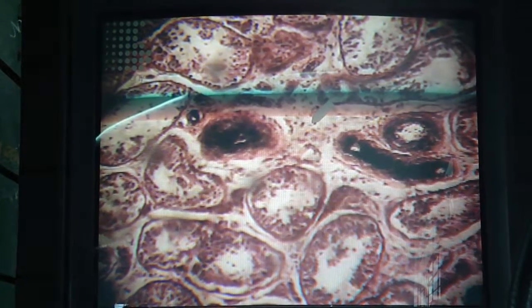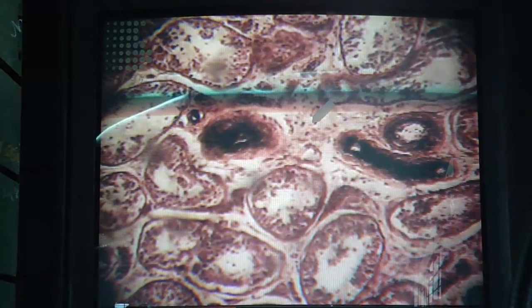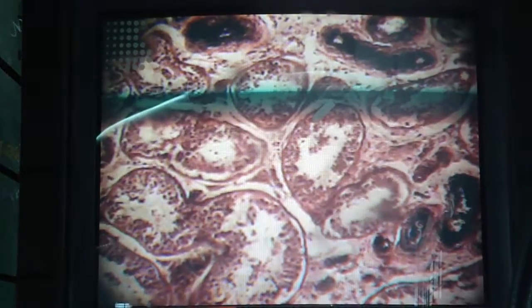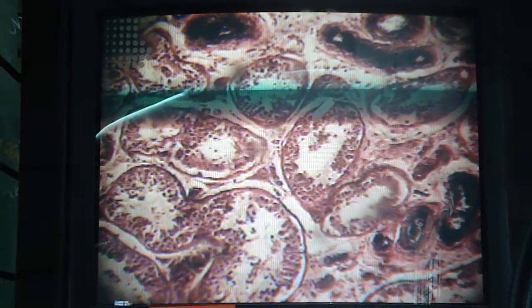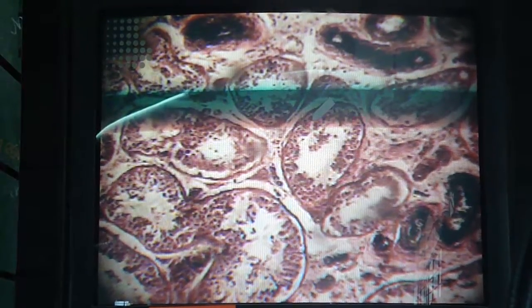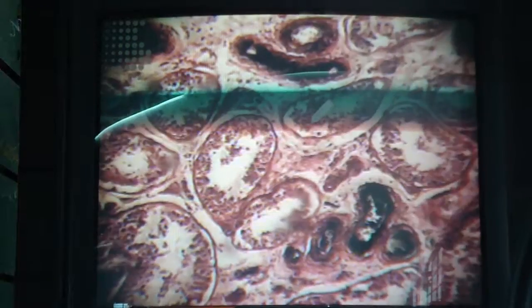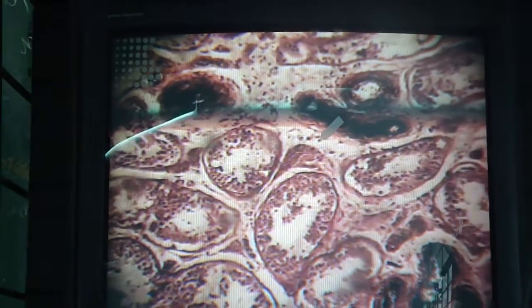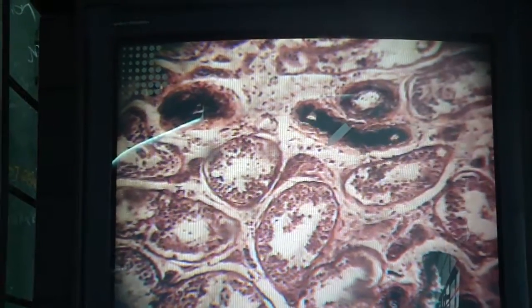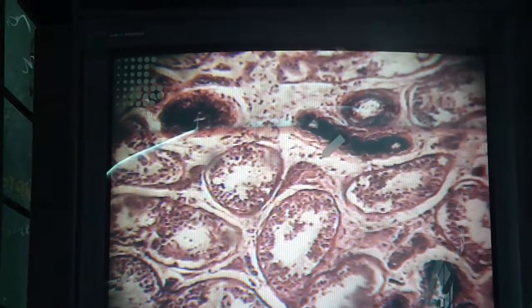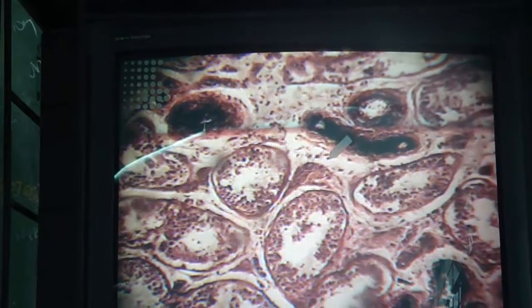Next week, we study the testes again, but this time we'll go to the seminiferous epithelium to see the different stages of sperm development, from the spermatogonia to the spermatozoa. But this morning, just the cells in between, known as the interstitial cells of Leydig, which is the endocrine portion of the testes.